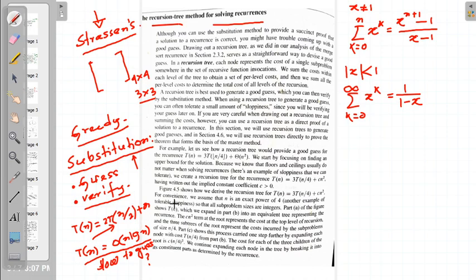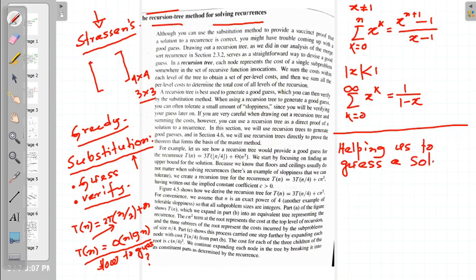To answer this question, we use this recursion tree. This recursion tree will be helping us to guess a solution in the substitution method.